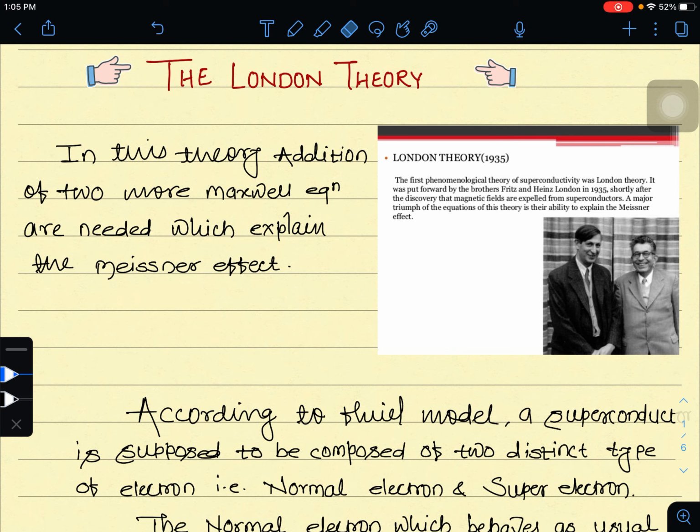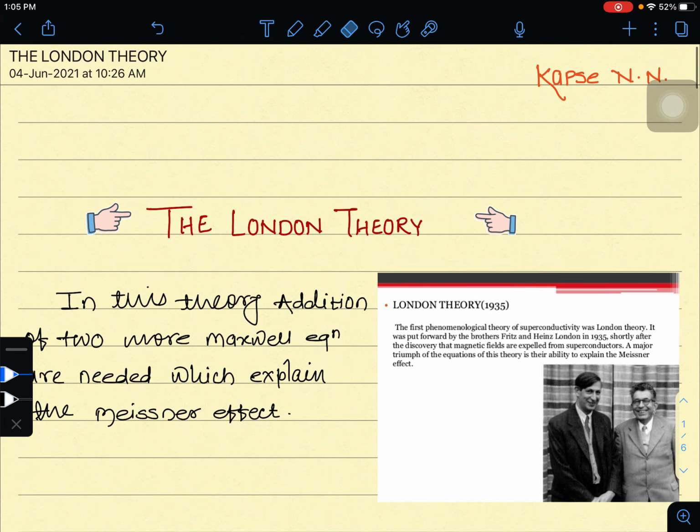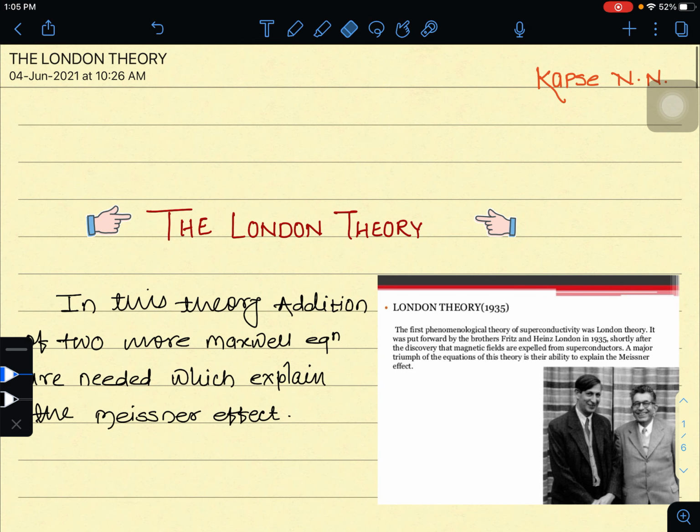After that, a number of researchers carried out research on different phenomena regarding superconductivity.